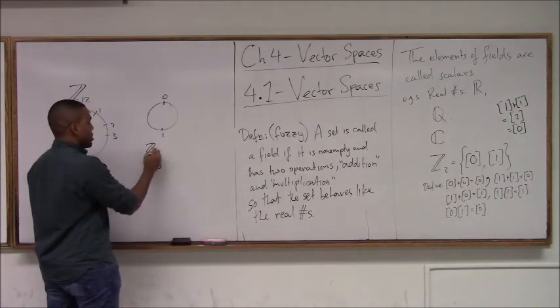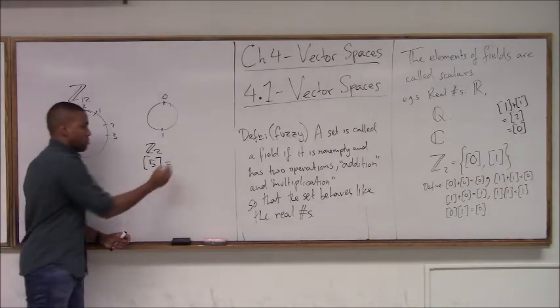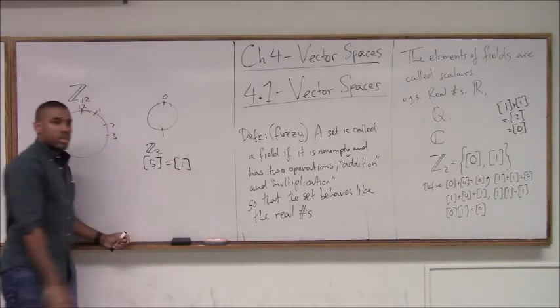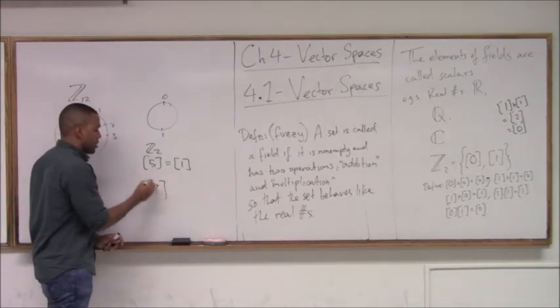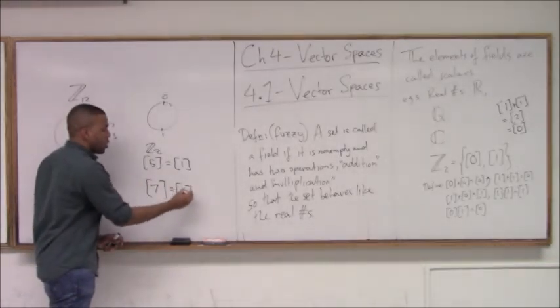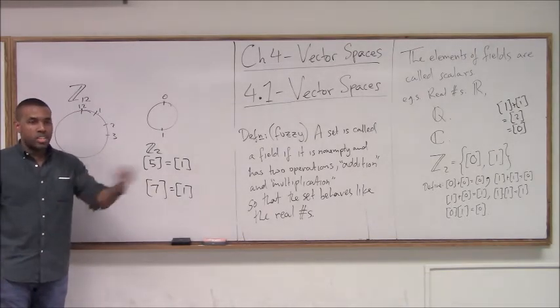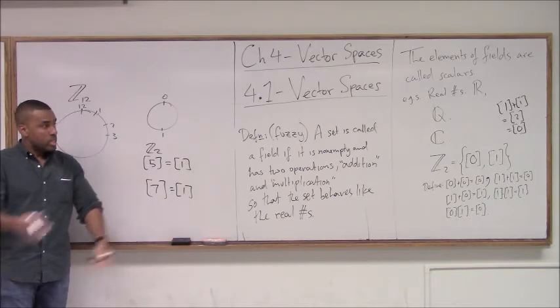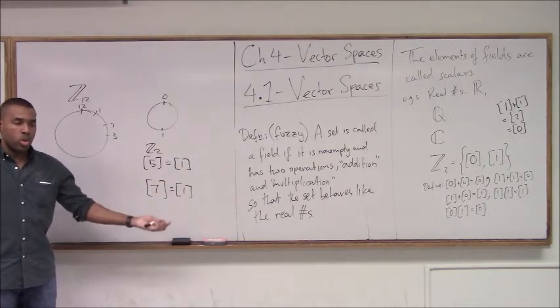Or you can talk about 5 in this set. If I'm in Z mod 2, 5 is equivalent to what? It's actually equivalent to 1, because if I divide 5 by 2, the remainder is 1. The number 7 would also be equivalent to 1. It's like I'm literally splitting all the integers into 2 groups. They're either odd or even, based on whether their remainder when divided by 2 is 1 or 0.